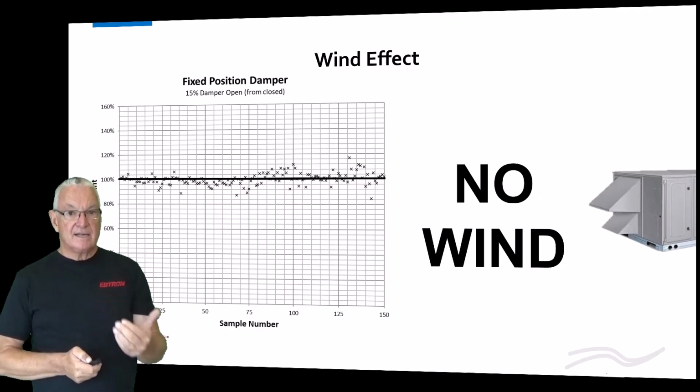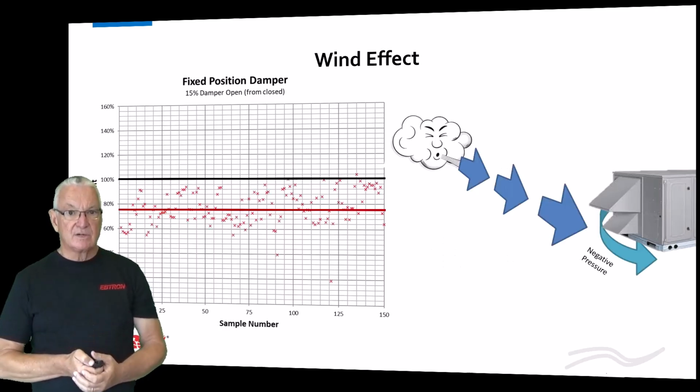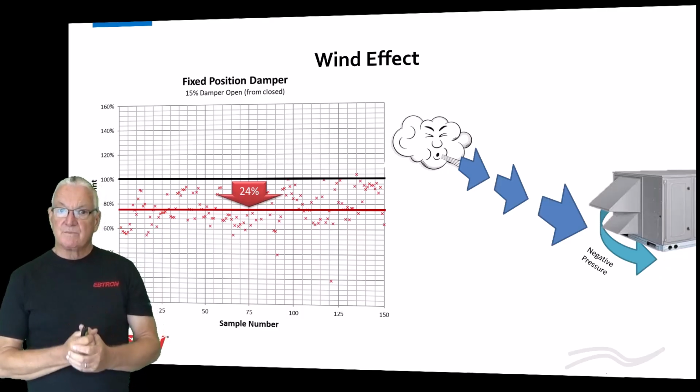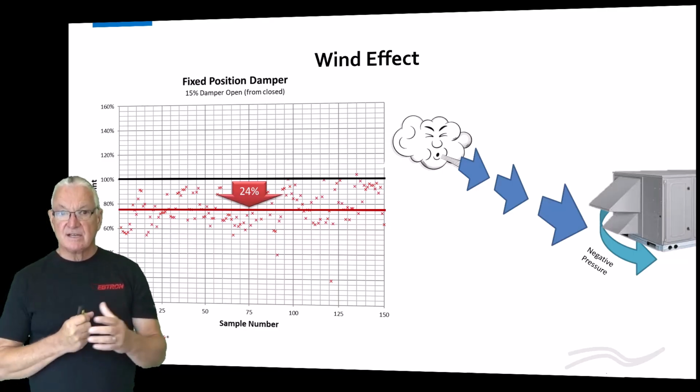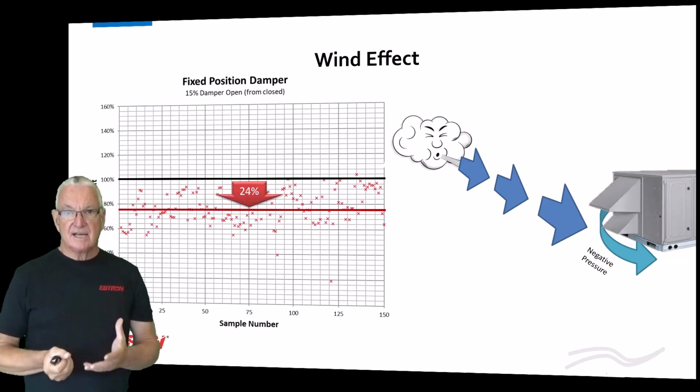Now we come back on a day, and we don't change anything, when we have a 15-mile-an-hour crosswind, and we take the measurements again, and we had a 24% reduction in the average outside air. The other thing I want to point out is that all the scatter got greater.